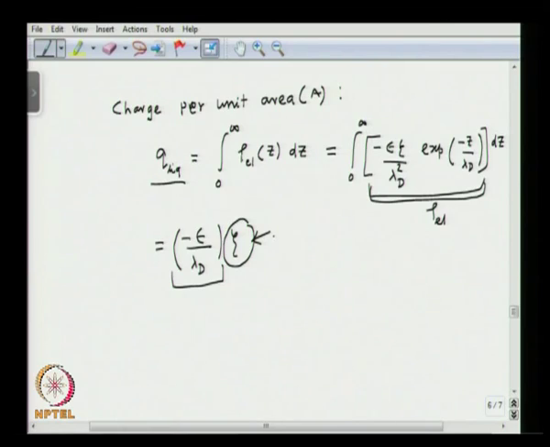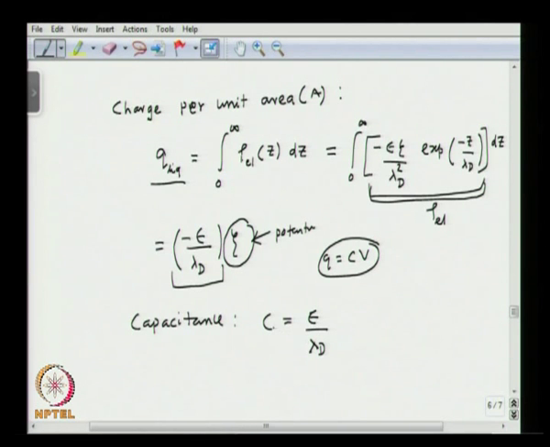So this acts as a potential, this is a zeta potential. So you can write capacitance, okay, Q, the charge, equal to capacitance into potential. So capacitance you can write C is epsilon over lambda d, okay.